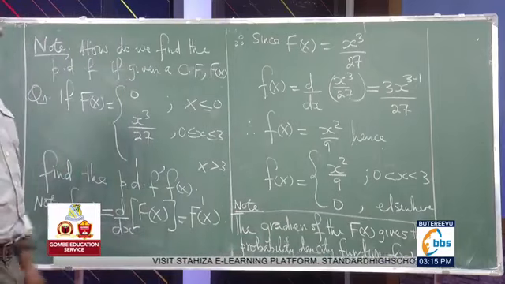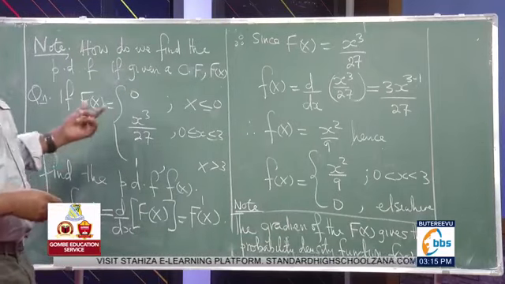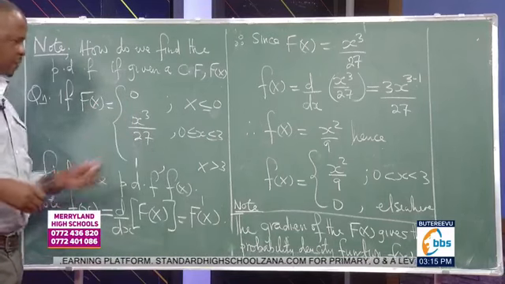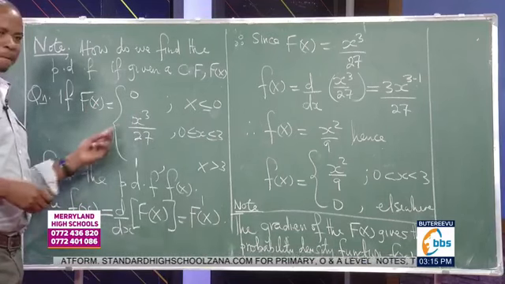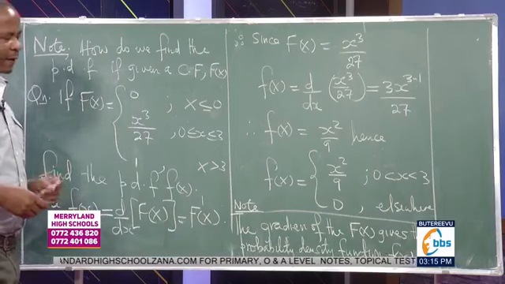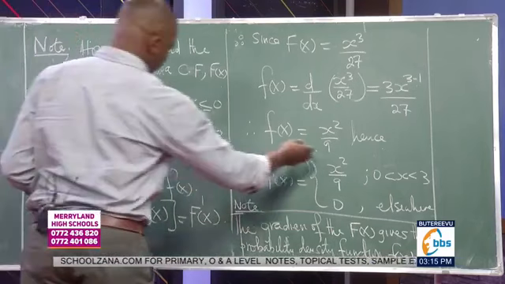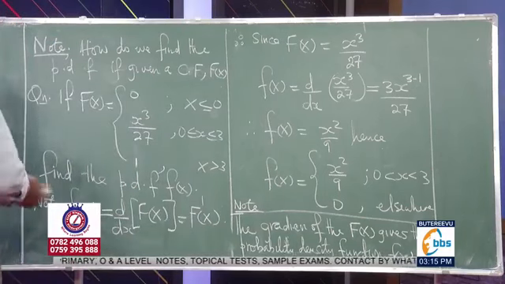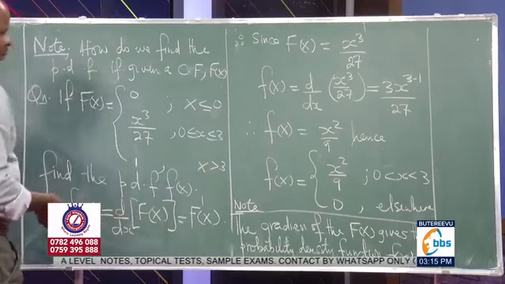Simply differentiate. Even if it was a function with two strips or two different functions, you differentiate each function, and whatever you obtain will be the PDF of the required function.